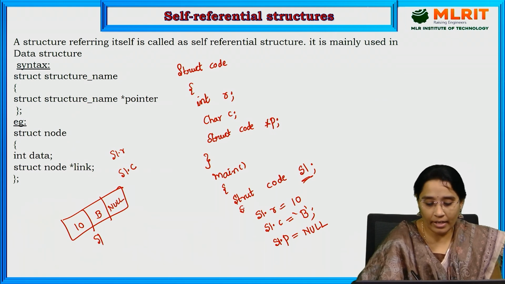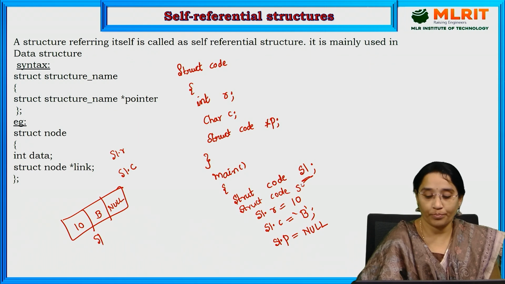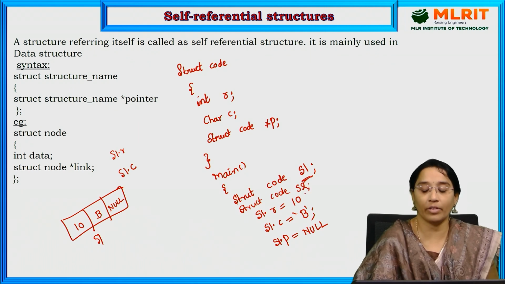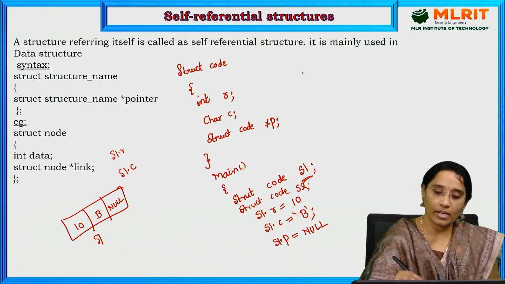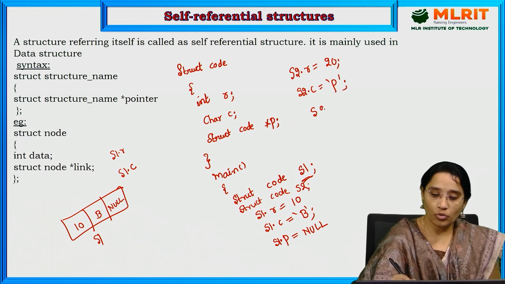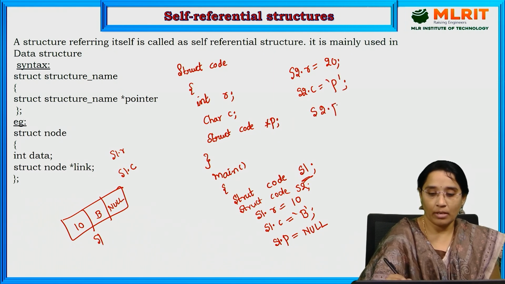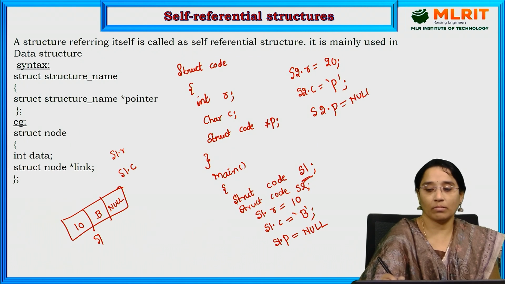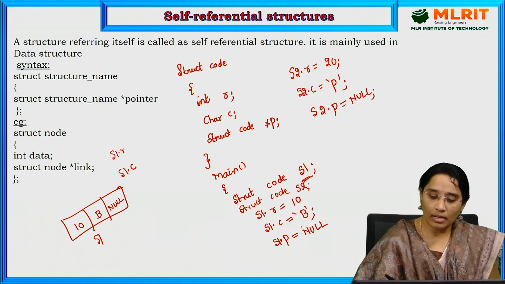Suppose I have written again like this, struct code s2, one more structure variable I have declared. And if I again initialize like this, s2 dot r is equal to 20, s2 dot c is equal to p, and s2 dot p is equal to null. Obviously, right? It is again a variable.